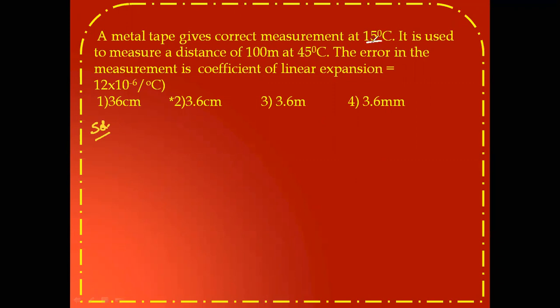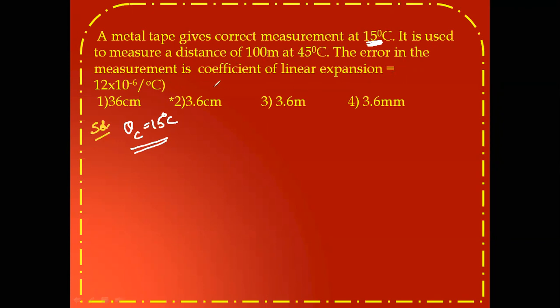This is the important model. So 15 degrees Celsius means it shows the correct reading at 15 degrees Celsius. So 15 degrees Celsius is nothing but the calibrated temperature. So now it is used to measure a distance of 100 meter at 45 degrees Celsius.